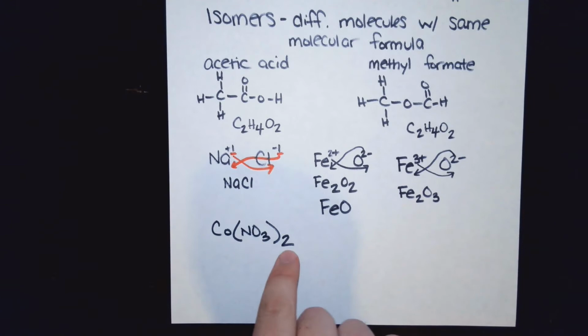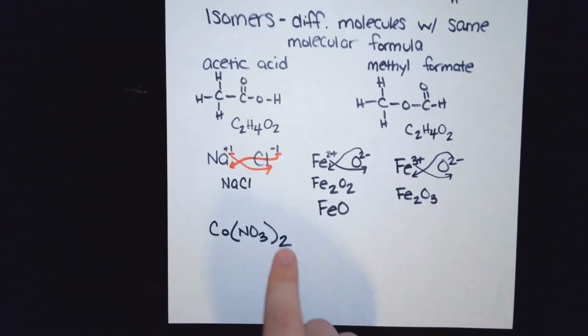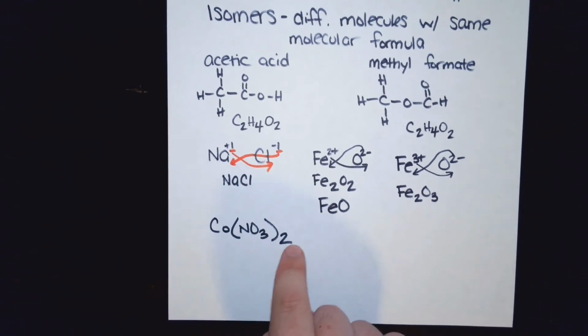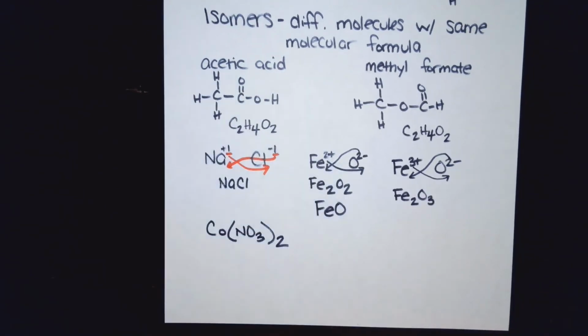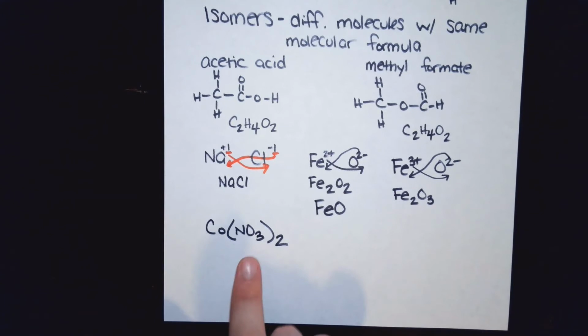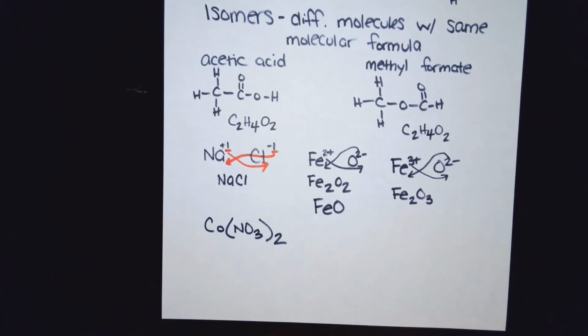Because what this subscript of 2 means, outside the parentheses, is that you have 2 of these polyatomic ions in your molecule. So basically you have 2 of these nitrate ions bonded to this cobalt. Basically the 2 has to get distributed to everything inside the parentheses. That's why you need parentheses there to keep the polyatomic together.